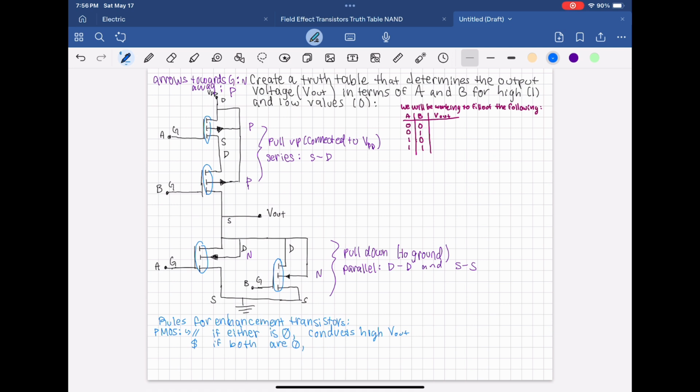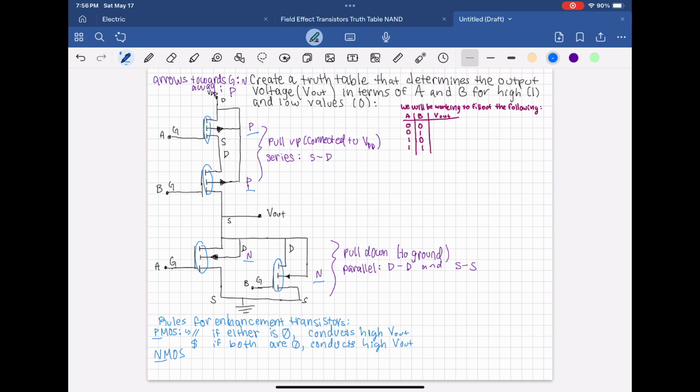However, if they are in series, we need both of them to be 0 in order for Vout to be 1. Okay, so both as in an AND.